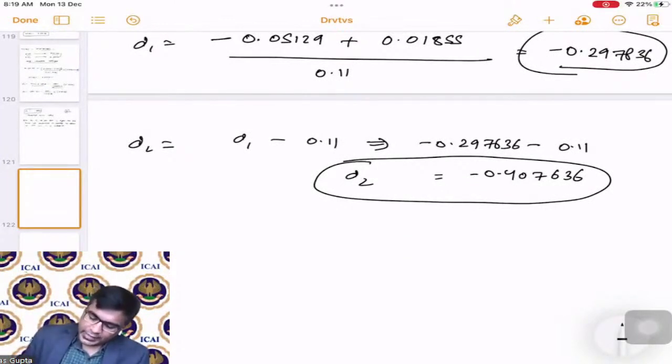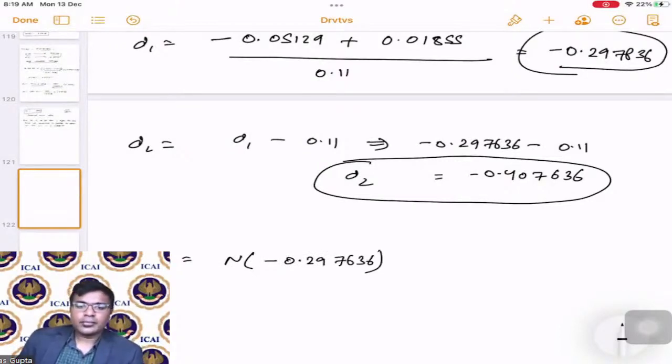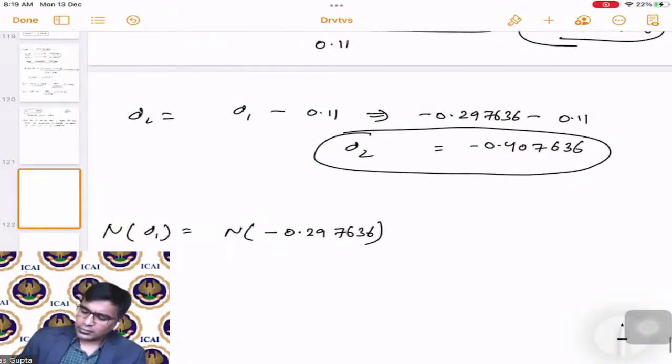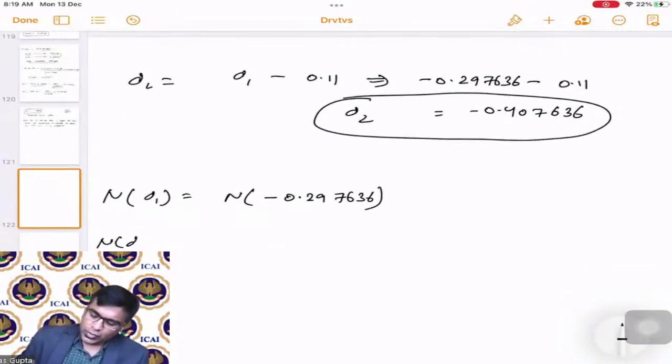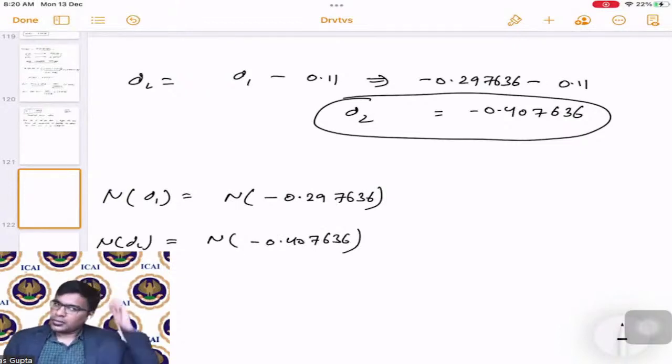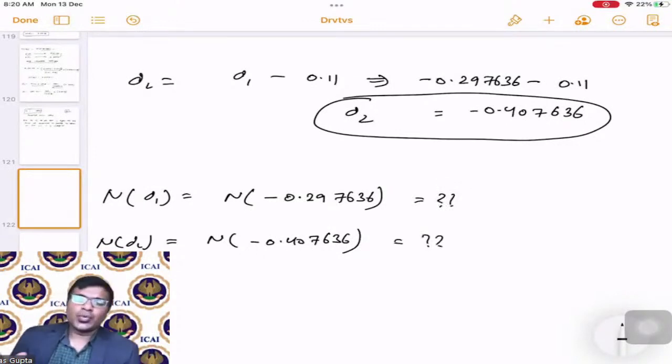Now, first of all, N(D1) is equal to N of minus 0.297636. N(D2) is equal to N of minus 0.407636. Okay, students, so this we have to find out. I'm not going into the interpolation technique again because that will prolong the entire thing. You just try this part at home using the interpolation technique.